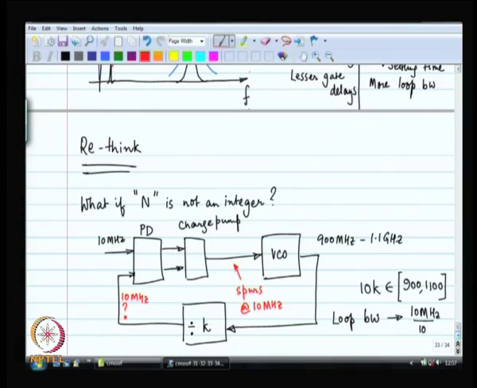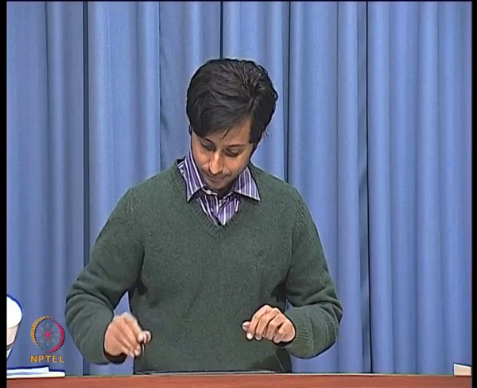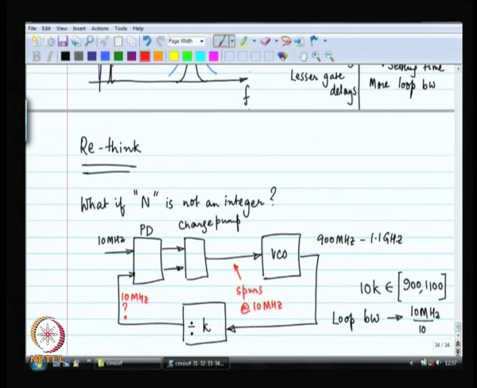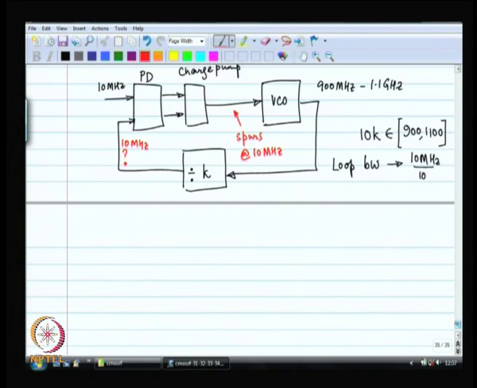Okay. So, this is all neat, only stumbling block is this business. How can you possibly divide a frequency by a non-integer? Our traditional digital circuits, I can make a counter with my flip flops and so on.